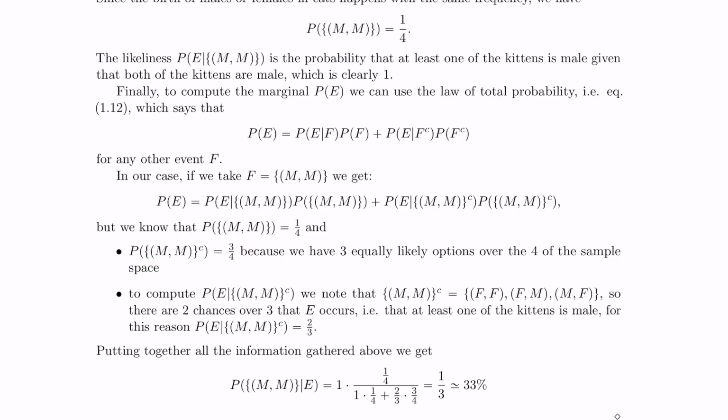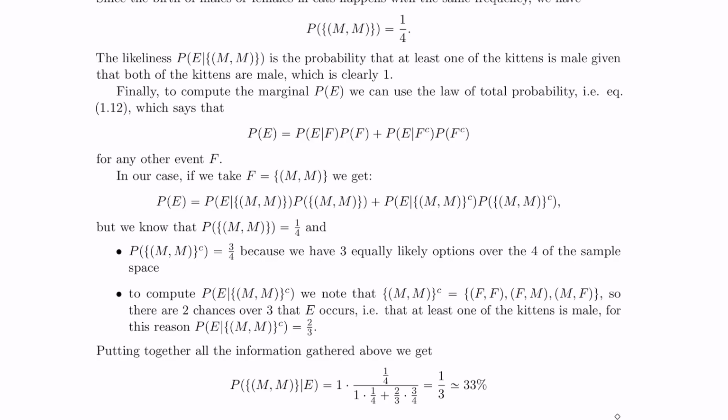And finally, to compute this conditional probability, we note that the complementary of MM is given by this set of couples. So we see that there are 2 chances over 3 that the event E occurs. Recalling that the event E is at least one of the kittens is a male, you can see that in these couples we have at least a male.